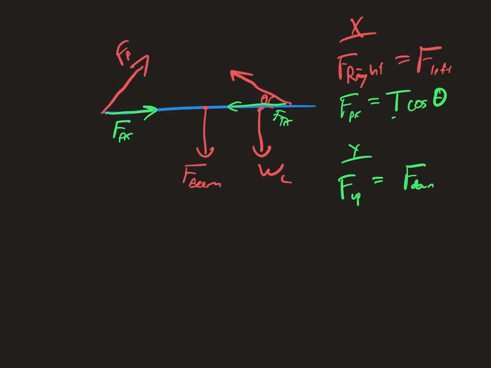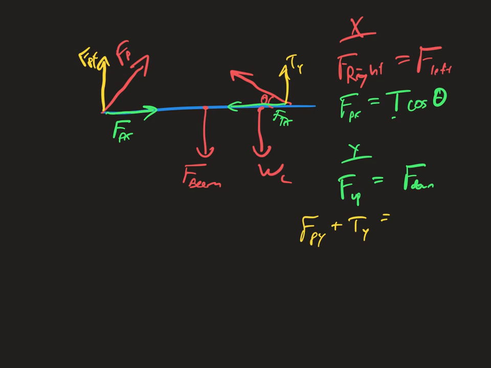Let's switch to yellow. I haven't used yellow yet. We have Fp in the y direction, and we have the tension in the y direction. So we have Fpy plus tension in the y equals the forces down.